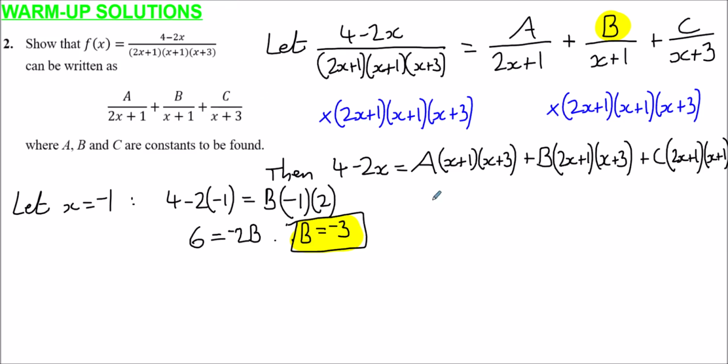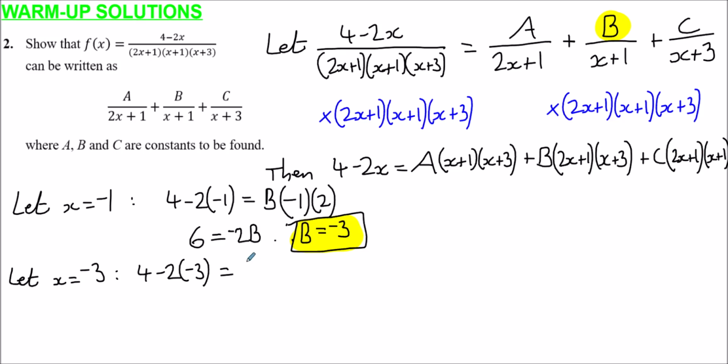We can now substitute in, for example, x being minus 3. So if x is negative 3 next, then we have 4 minus 2 brackets minus 3. The a stuff will cancel because that has an x plus 3 bracket. The b stuff will cancel as well because b has an x plus 3 bracket attached. What will be left will be the c.